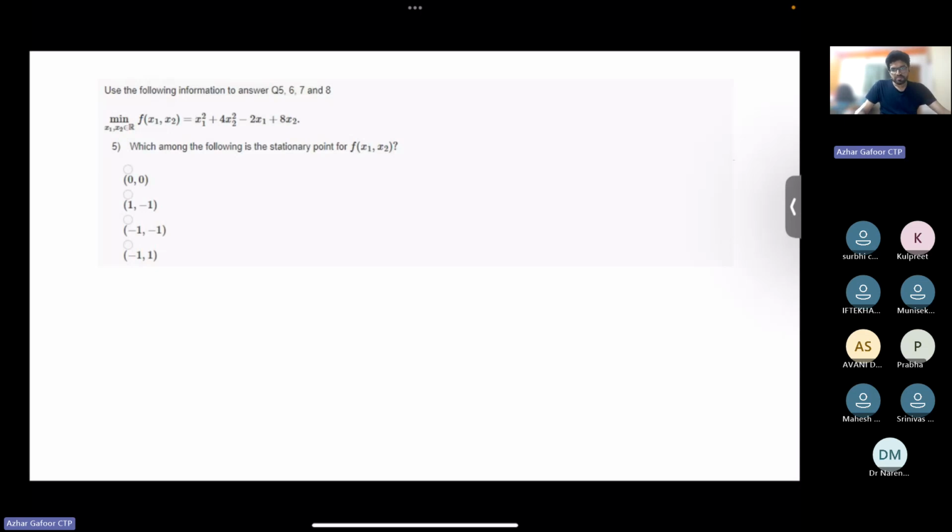So this is also an unconstrained optimization problem. You will have to solve it.